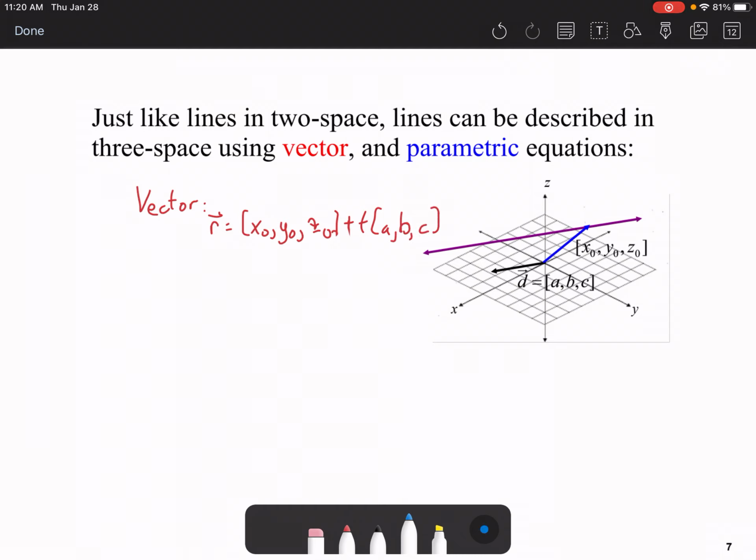As you can see, you're just adding an extra dimension. And therefore, its parametric equations now deal with three equations.